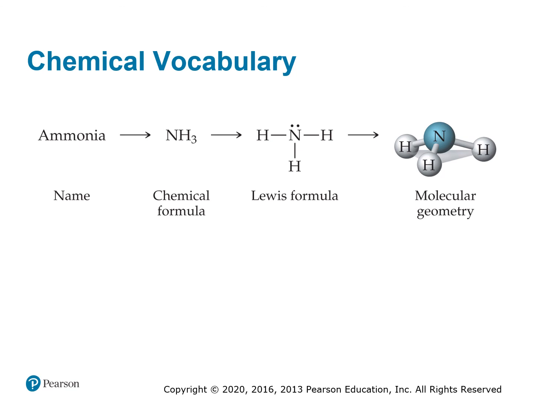So NH3 stands for ammonia, and that's its chemical formula. Then you go one step further and draw the Lewis structure. You will show the 3 nitrogen-hydrogen bonds and then the lone pair of electrons. And then from there, you can develop the molecular geometry of ammonia. So this is what we studied in this chapter.